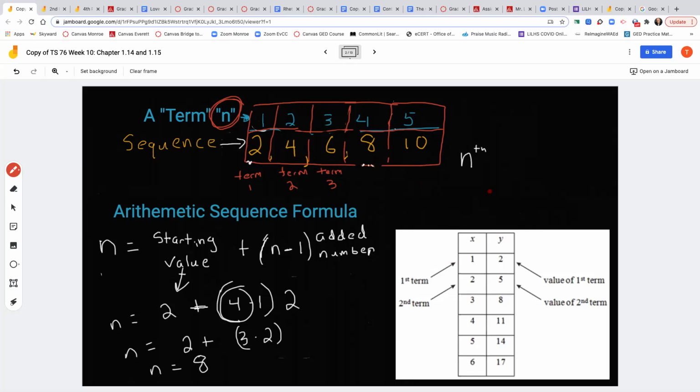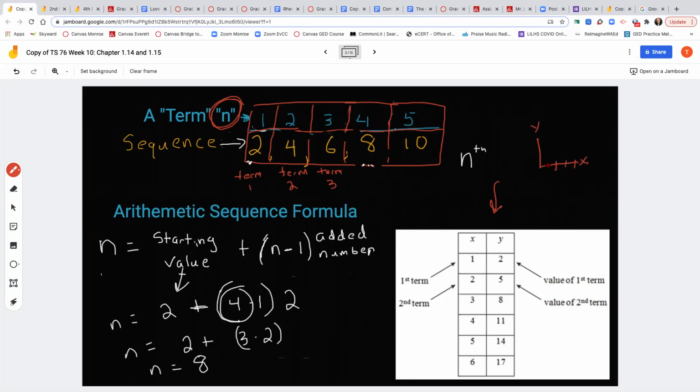Likewise, you don't have to copy down my chart over here on the right, but it's another example. The first x value is 1, the second term is 2, the third term is 3, etc., of the x values. And when we're talking about x's and y's, this is the x-axis, this is the y-axis.